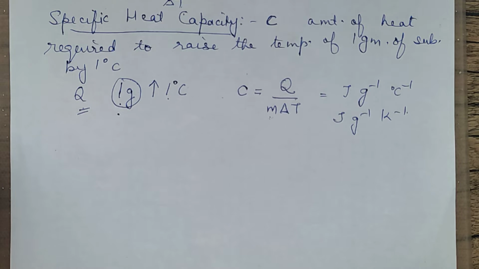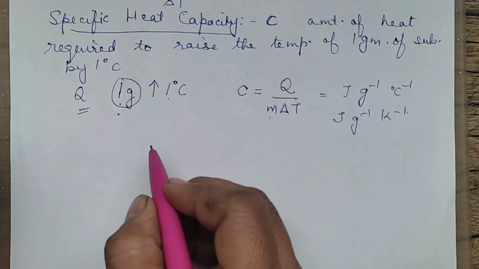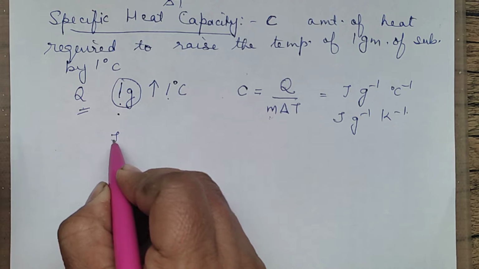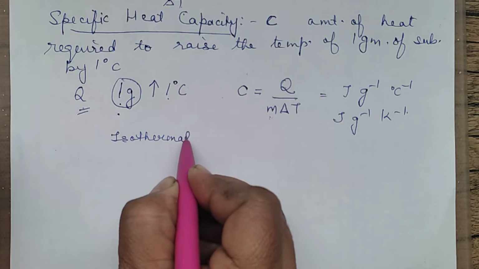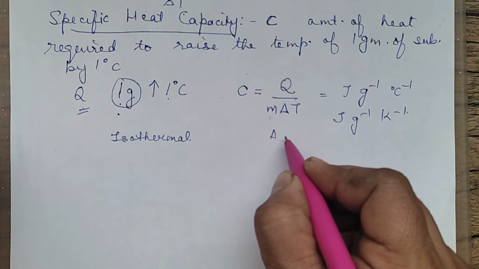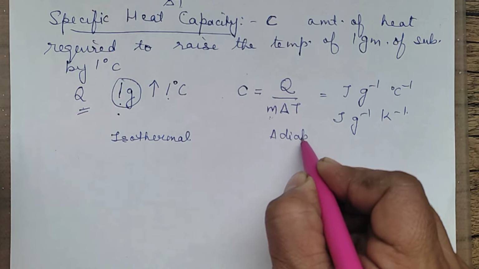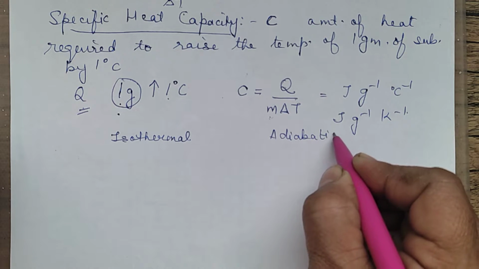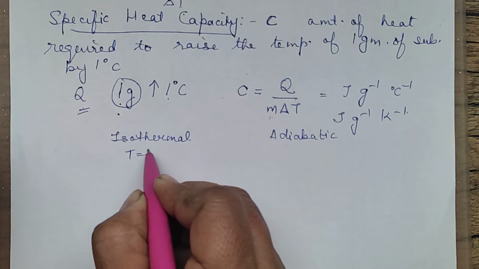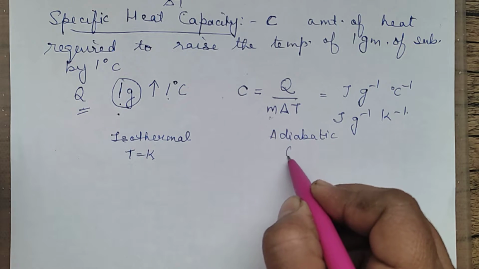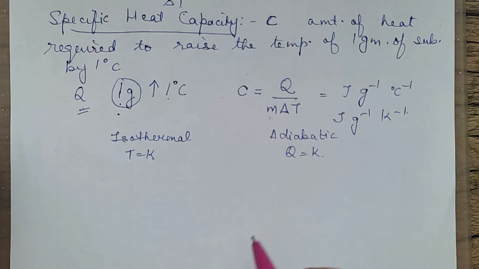Clear? Now, another interesting thing here. Suppose we are talking about an isothermal process or an adiabatic process. What is an isothermal process? We know the temperature remains constant. In an adiabatic process, the heat remains constant.